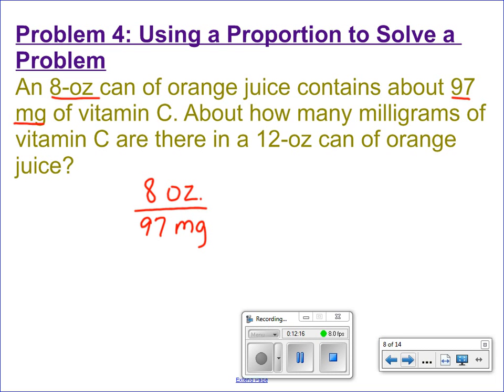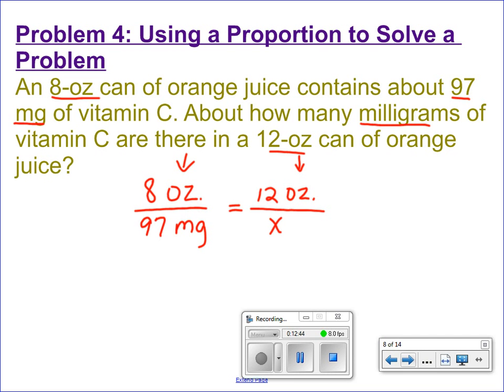And I could have put 97 milligrams over 8 ounces as well. Now, on the other side, what is important is if I have ounces on top, I must have ounces on top over here. So I have a 12-ounce can. And my question is, how many milligrams of vitamin C are there? So we're going to let that be our X.